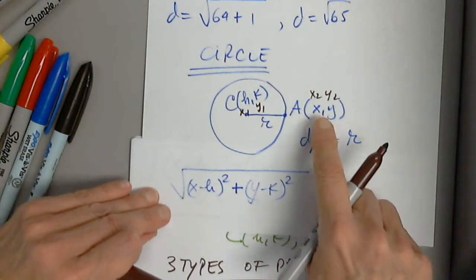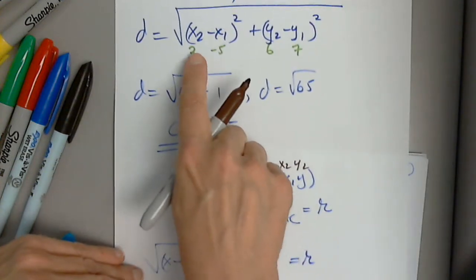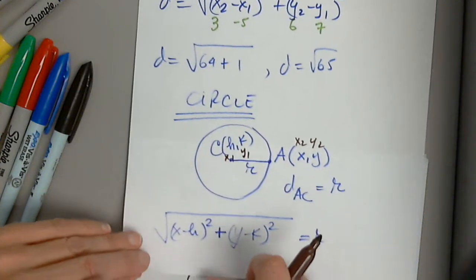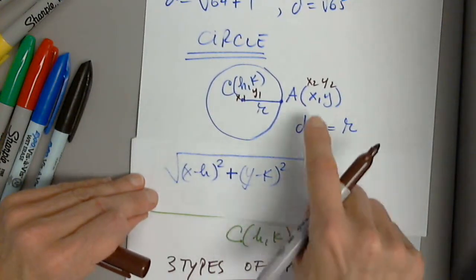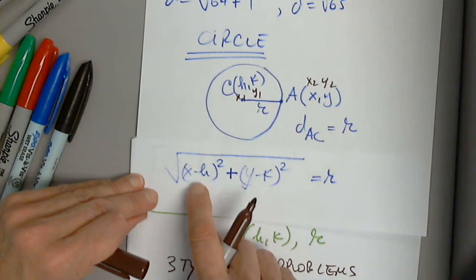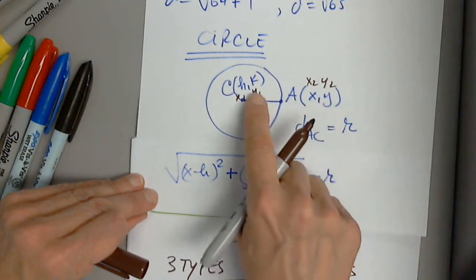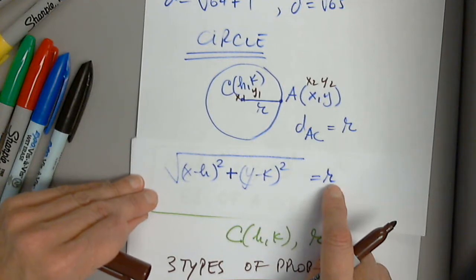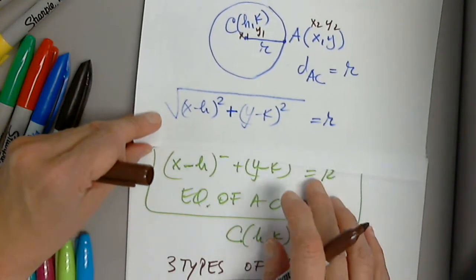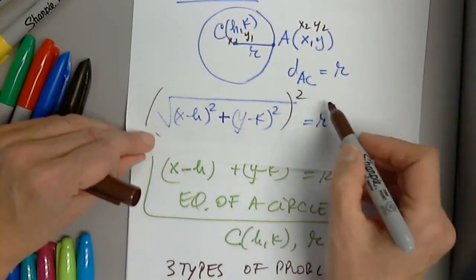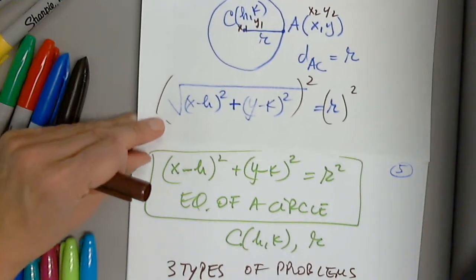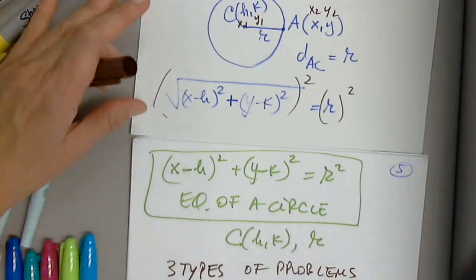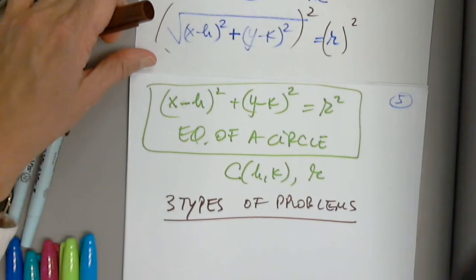It's the same as the distance formula, the one underneath it there. So the square root of x minus h squared plus y minus k squared equals the radius. And then we squared both sides, the left and the right, just to get the equation of the circle. Better? Other questions for me?